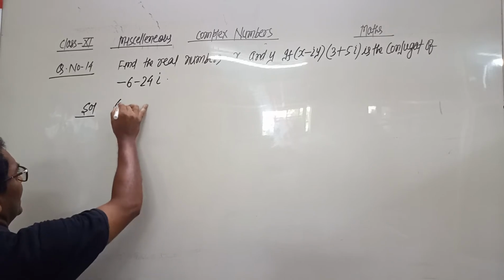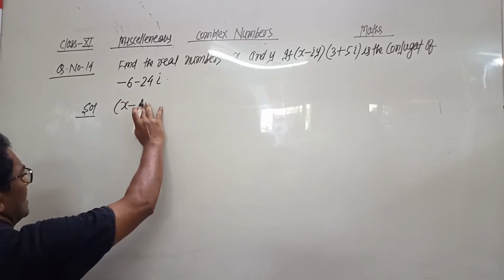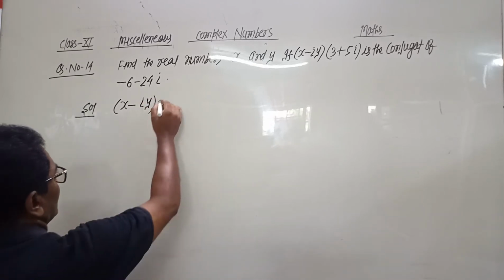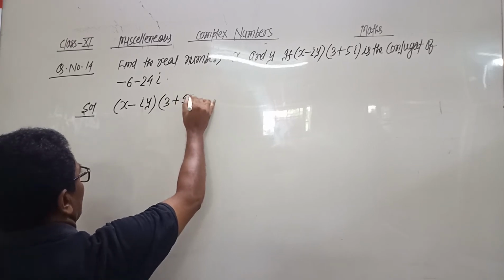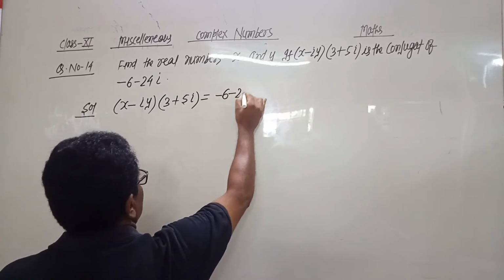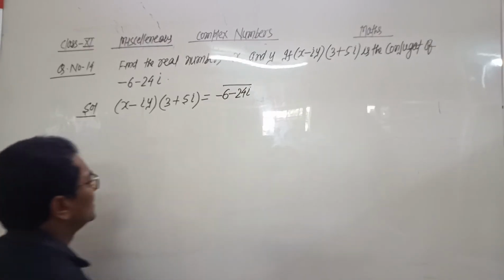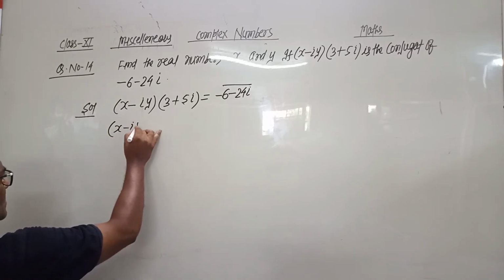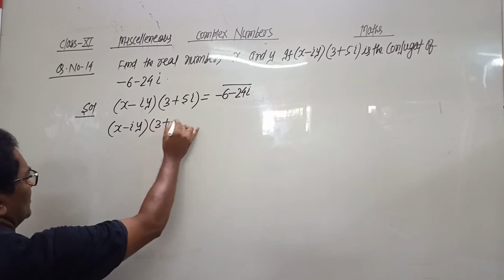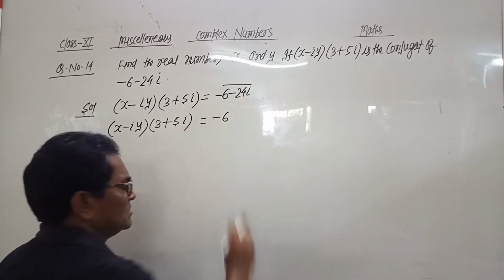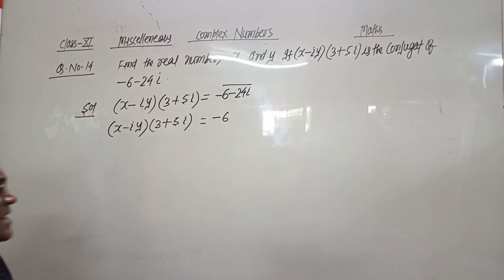So we are given that (x minus iota y) multiplied by (3 plus 5 iota) is the conjugate of minus 6 minus 24 iota. For finding the conjugate, the sign of the imaginary part gets changed.